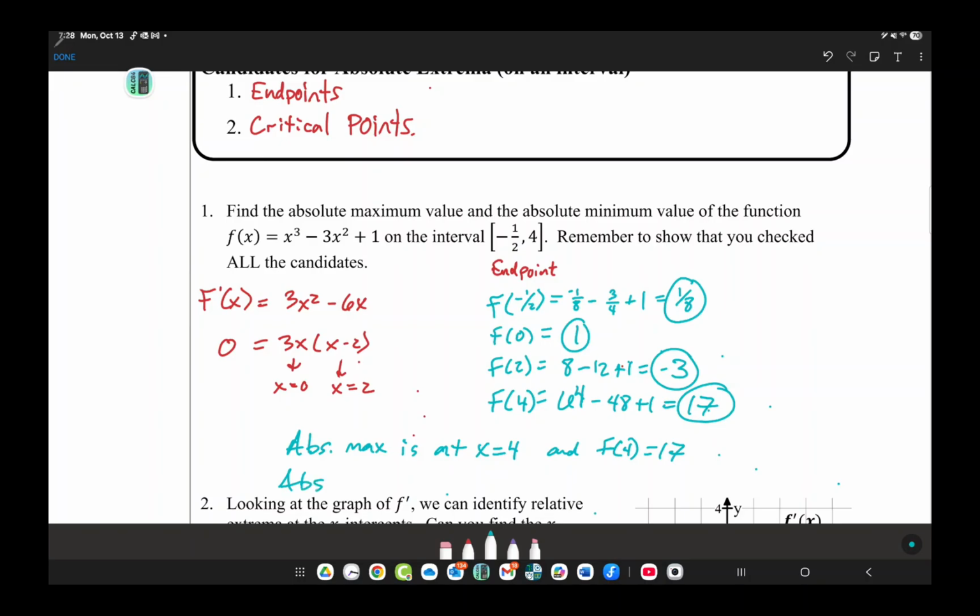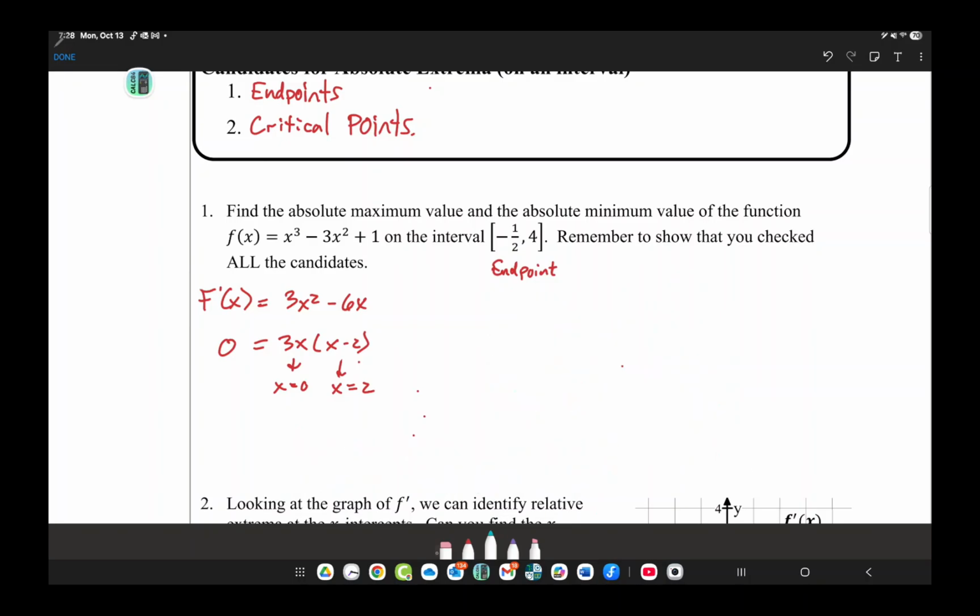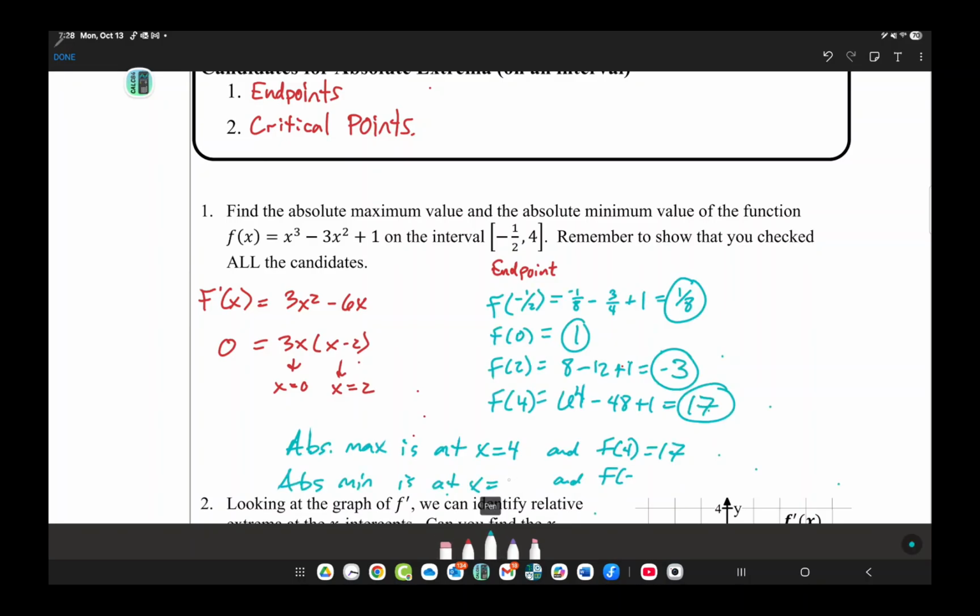My absolute minimum value is at x equals 2, and its value, f of 2, is -3.